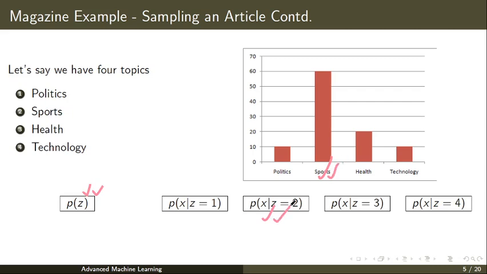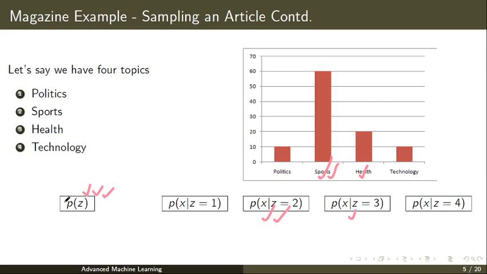You sample one more and you get the topic health. So once you look at your issue of the new magazine, it may be following this particular distribution. The distribution of Z will be followed in the output. So that is what we actually require.